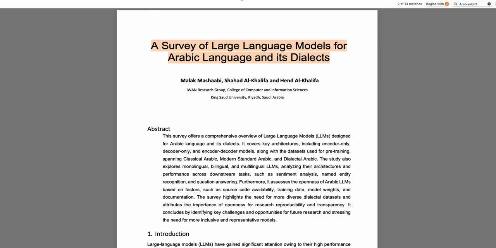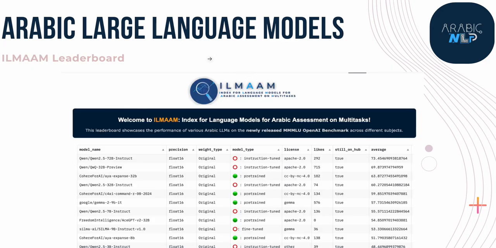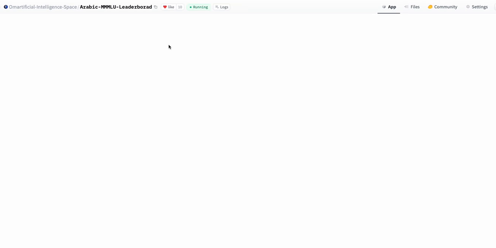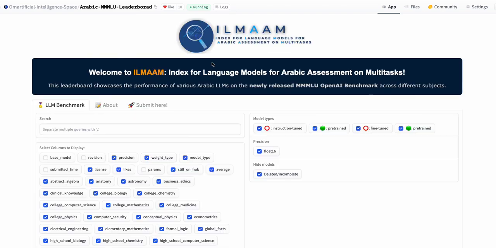And yes, regarding the evaluation metrics, I have released what's called the ILMAAM leaderboard, which is the Index for Language Models for Arabic Assessment on Multitask.